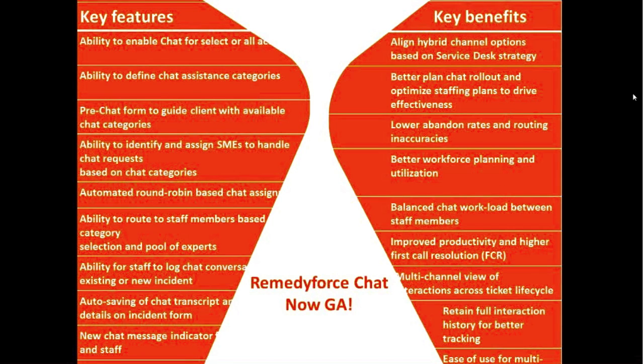One of the things that they did was to give you the option of having a pre-chat form, i.e. let the end user in chat answer a couple of questions so that we can better direct what subject matter expert that chat ought to be initiated to before we even start the chat session. And then we can do things like round robin based on the assignments, obviously be able to route to staff based on the category that was selected for that particular chat session.